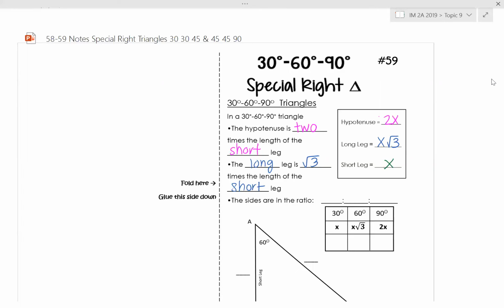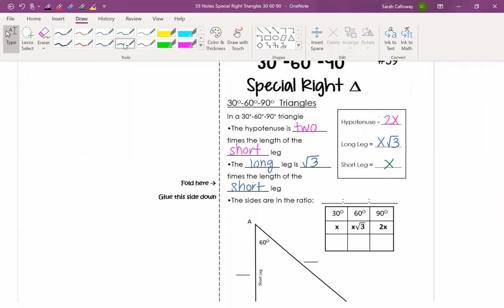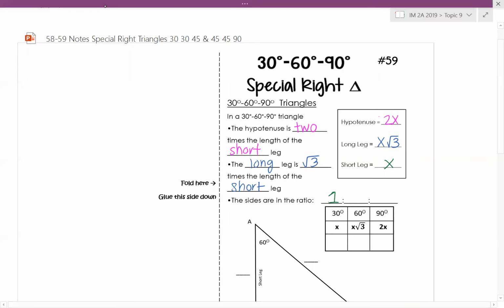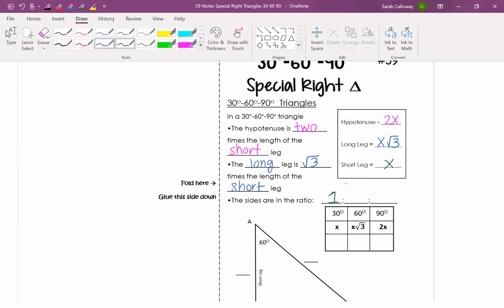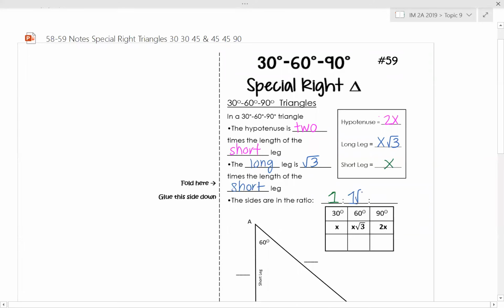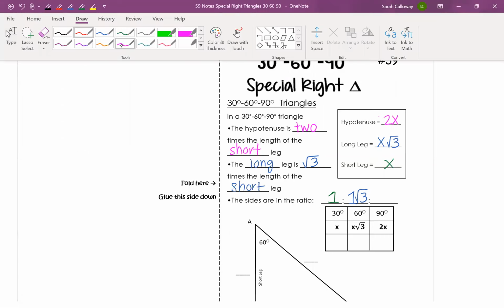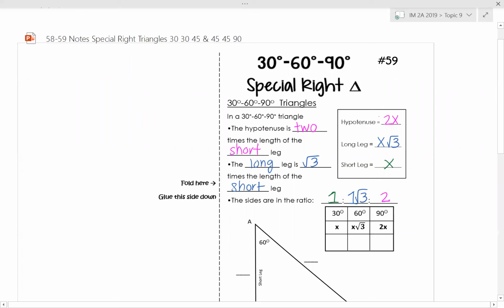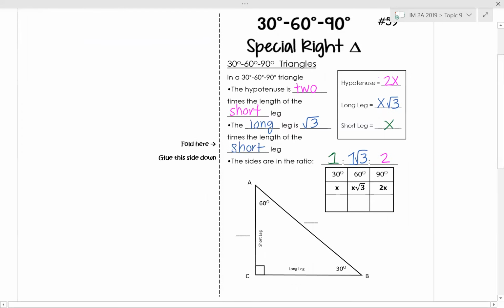So the sides are in the ratio of 1 to 1 root 3 to 2. So if I were to multiply that ratio by any number, that would give me a set of sides that would create a 30, 60, 90 degree right triangle.